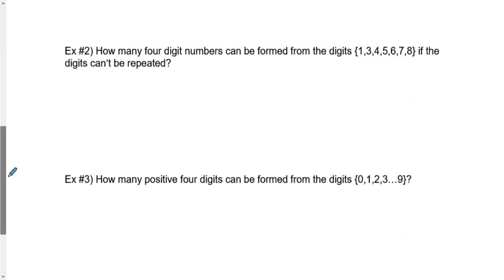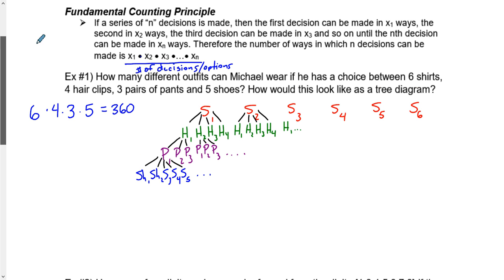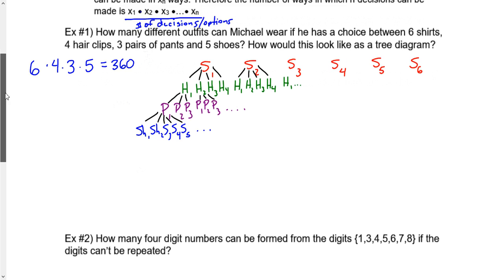How about a 4-digit number that has to be formed using the numbers 1, 3, 4, 5, 6, 7, 8, if the digits can't be repeated? Again, when we're talking about the fundamental counting principle, we're talking about the number of decisions or options.